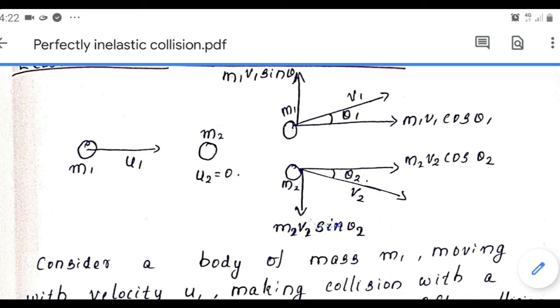Their directions after collision make angles theta 1 and theta 2 with the direction of initial velocity. So with the direction of initial velocity u1, the angle made by v1 is theta 1 and that made by v2 is theta 2. This is the situation that is given.